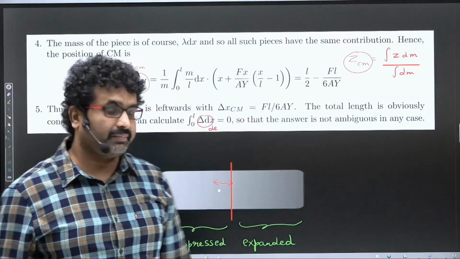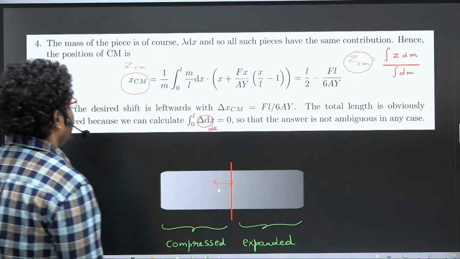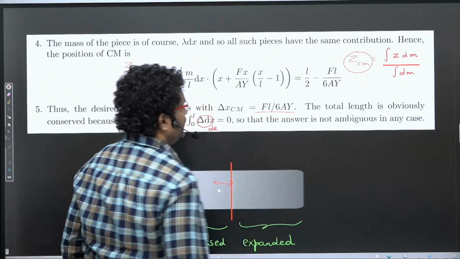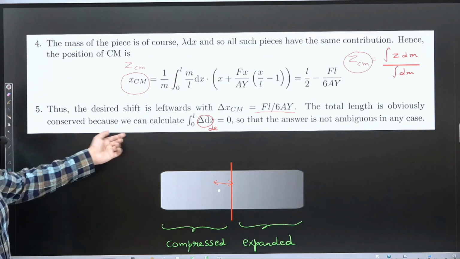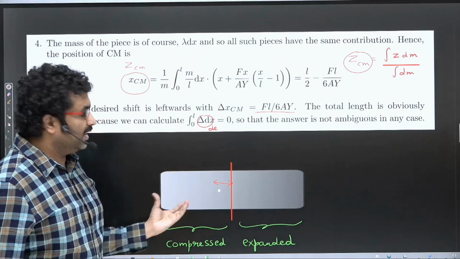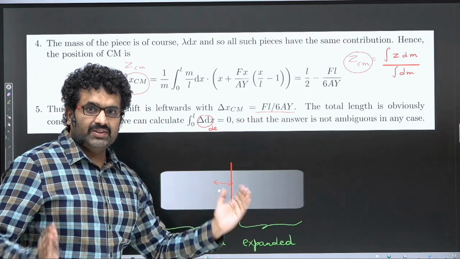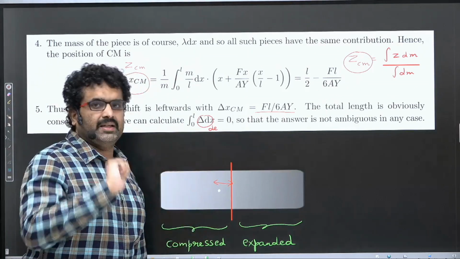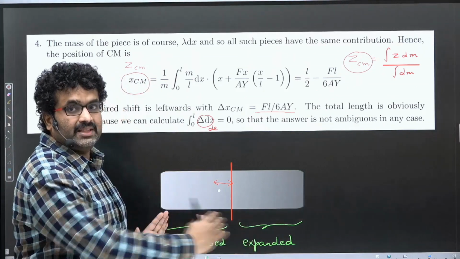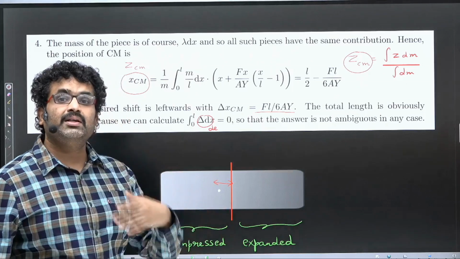That is your answer, FL by 6AY. The total length is obviously conserved, because when you calculate the integration of all expansions and compressions and algebraically sum them up, you end up getting a 0. Total length won't change, but the density will change, causing the center of mass to shift.